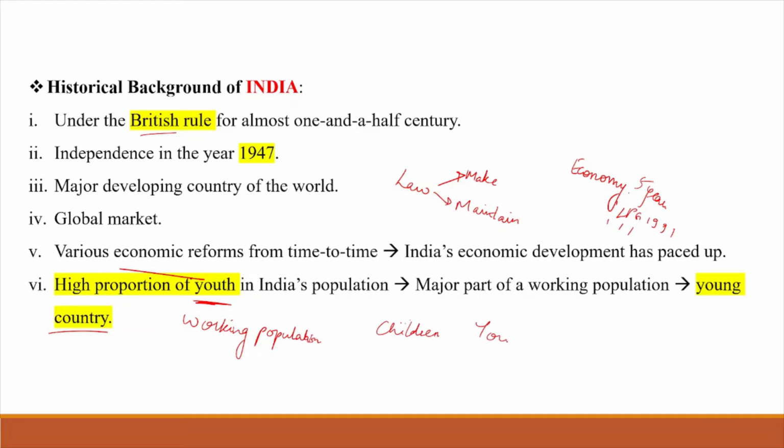Then we have the youth, and then we have the senior citizens. Senior citizens don't mostly work. Children don't work, not allowed to work. So the working class or the working population is of the youth. And since this is maximum in India, that's why India is known as a young country.